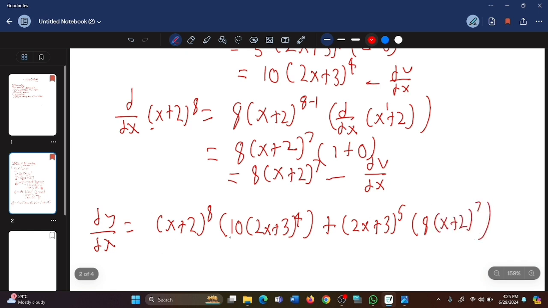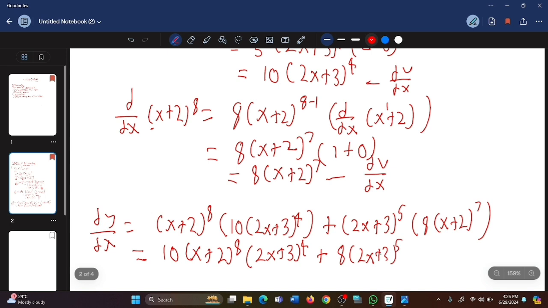Now if we simplify the equation, we'll get dy/dx. It becomes 10 (x plus 2) to the power 8 (2x plus 3) to the power 4, plus 8 (2x plus 3) to the power 5 (x plus 2) to the power 7.